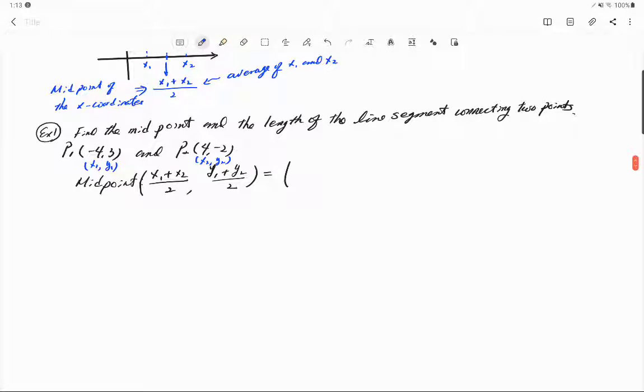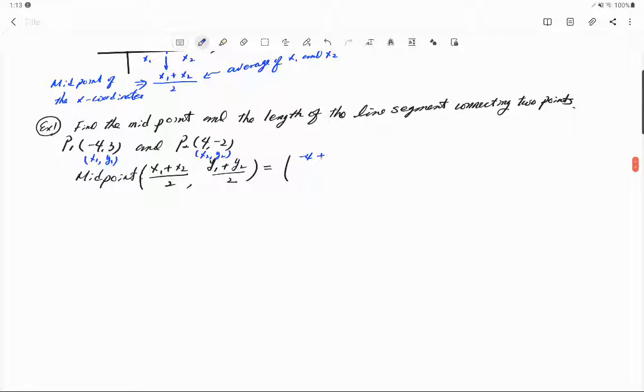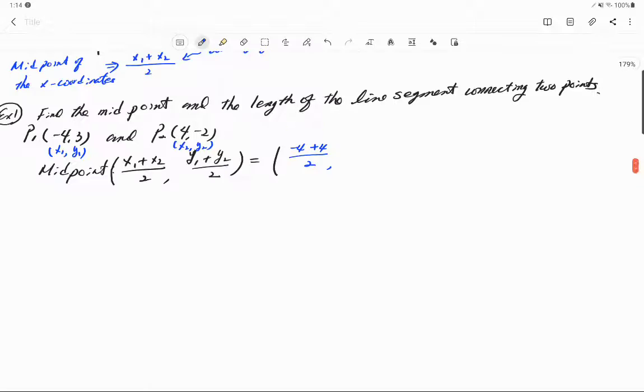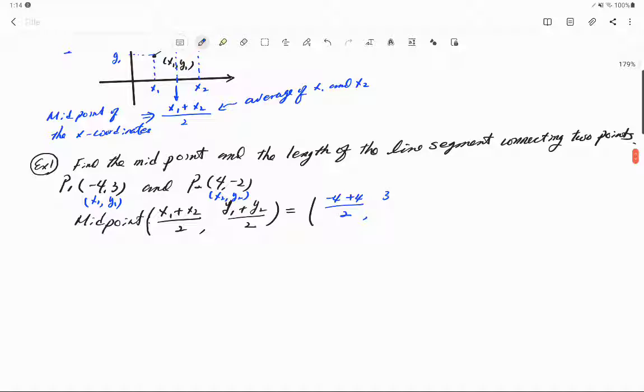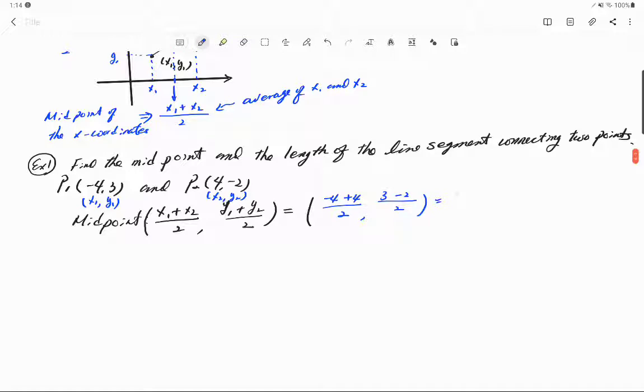So x1 plus x2 is negative 4 plus 4 divided by 2. That's the x coordinate. The y coordinate is the sum of 3 and negative 2 divided by 2. So 0 over 2 is 0. 3 minus 2 is 1, so 1 over 2. So this is the midpoint.